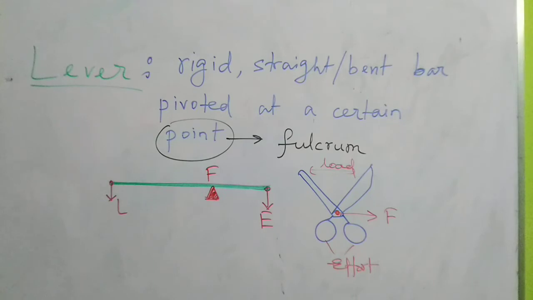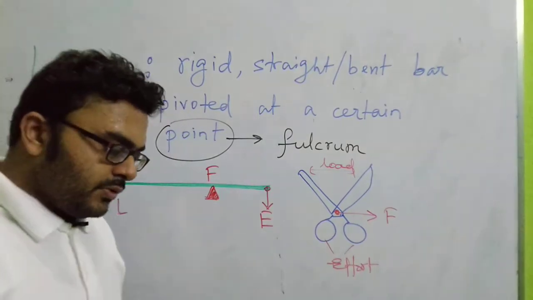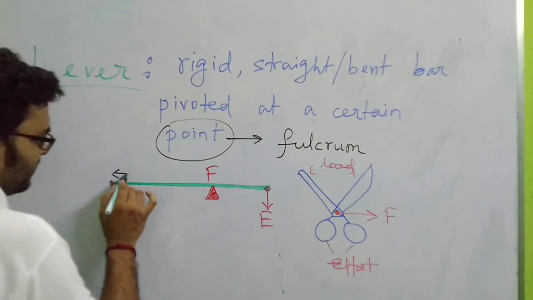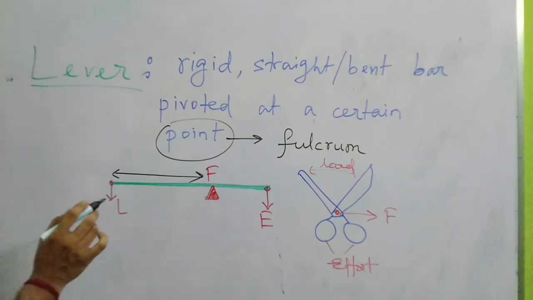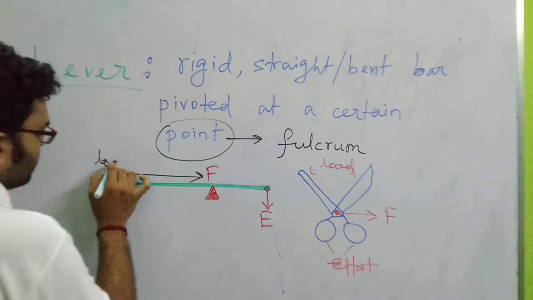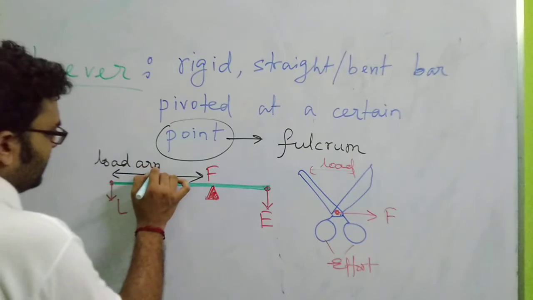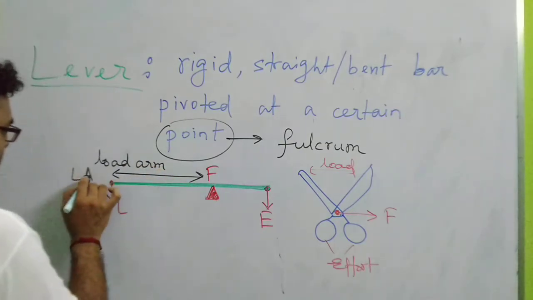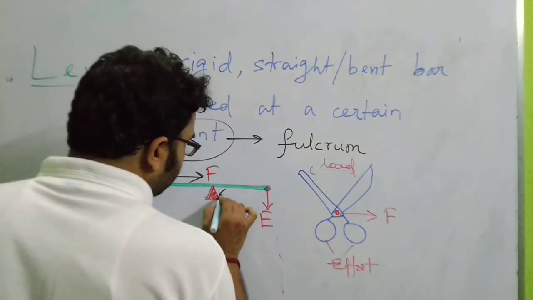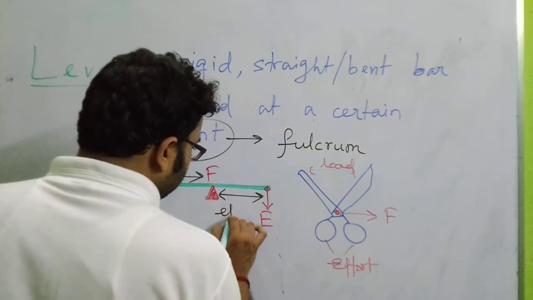So in a lever, basically you have a fulcrum, a load, and effort. Along with this, there are also two other terms that I will be discussing. The distance of the load point from the fulcrum is regarded as the load arm, generally denoted by the abbreviated form LA, and the distance of the effort from the fulcrum is regarded as the effort arm.